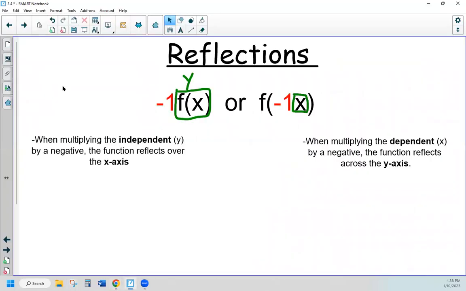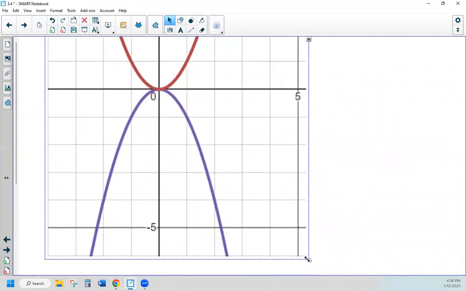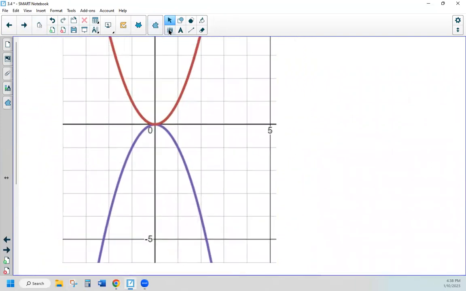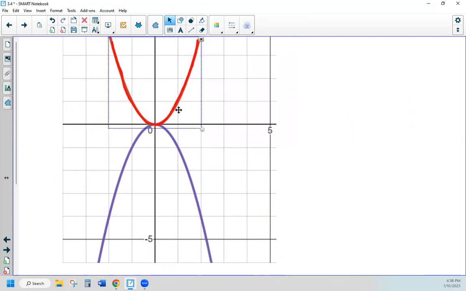Okay, so let's go back to here. All right, so very easy idea, I'm going to try to, as much as possible, make this. Obviously, you could tell that it went from here and it reflected over the x-axis. So it went like that, right?